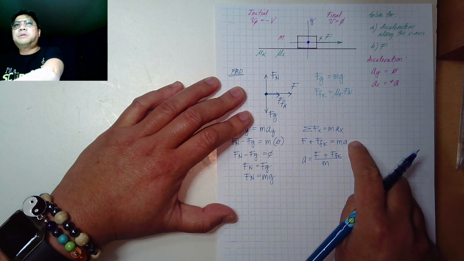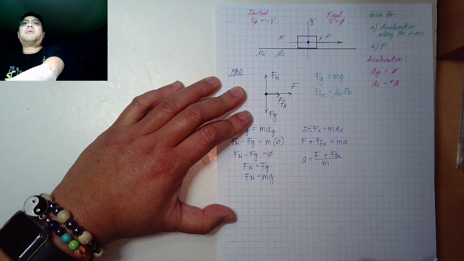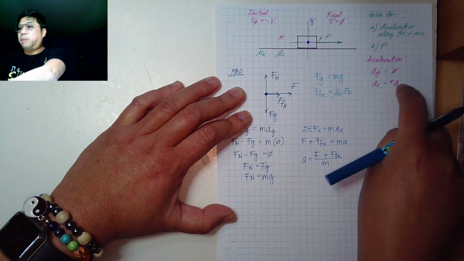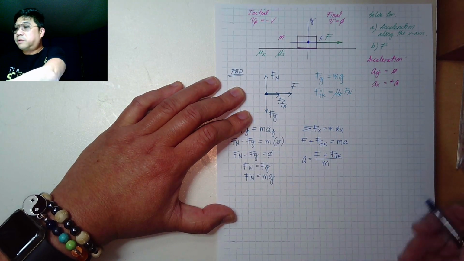So you divide both sides by the mass and we get our acceleration. And look, it's positive acceleration, just like the assumption we made earlier. It should be positive acceleration.